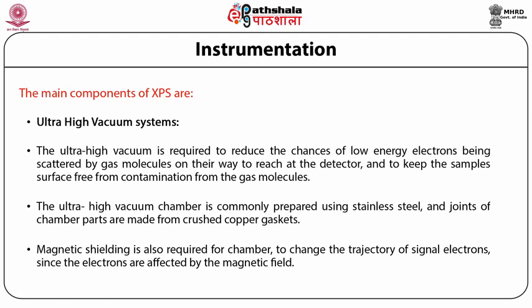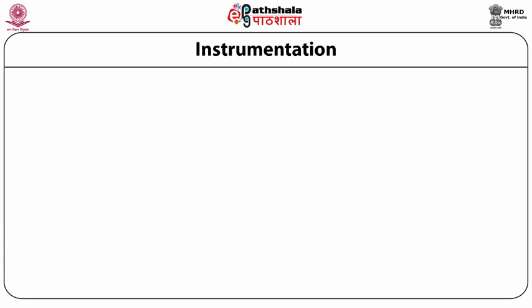Magnetic shielding is also required for the chamber to prevent a change in the trajectory of signal electrons, since the electrons are affected by the magnetic field. Second is the source guns.